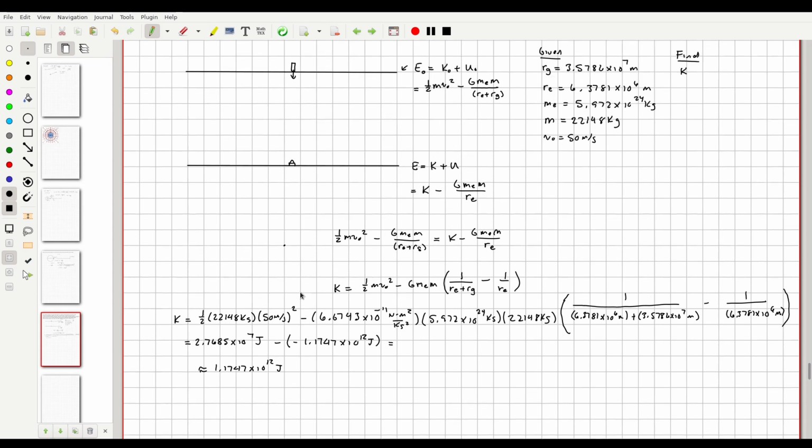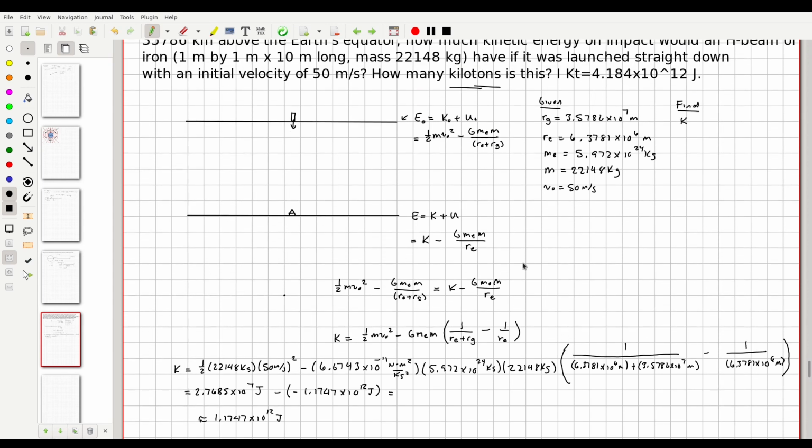Now, if you look here, 1 kiloton is 4.184 times 10 to the 12th joules.